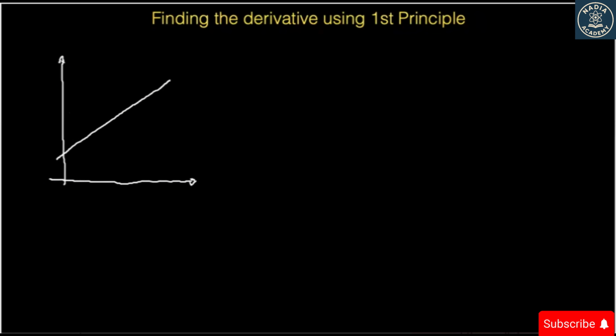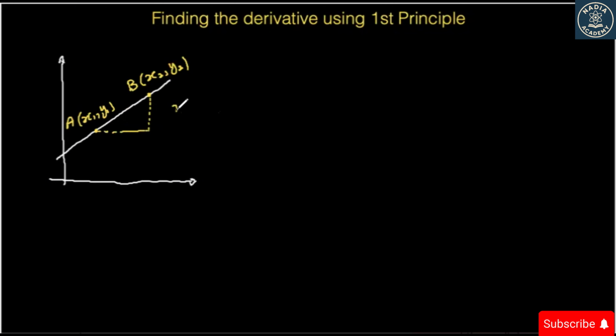How do we calculate the slope of a straight line? It is very simple. For example, we know the coordinates of two points. Let's say this is point A with coordinates x1, y1, and this is point B with coordinates x2, y2. Then the gradient is the ratio of the increase in y divided by the increase in x.